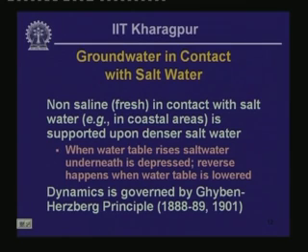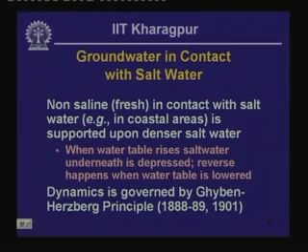Now what happens in a coastal area is non-saline water or fresh water is in contact with salt water. And because salt water is denser than fresh water, the fresh water forms a lens supported on top of salt water.